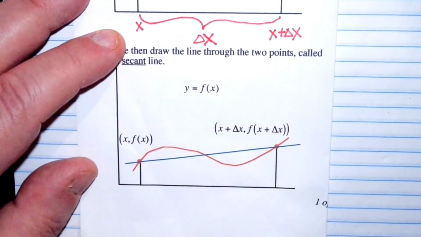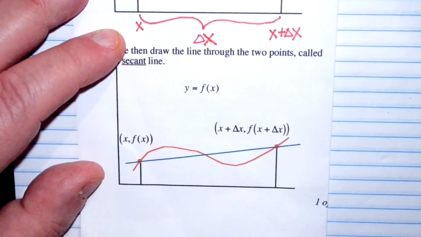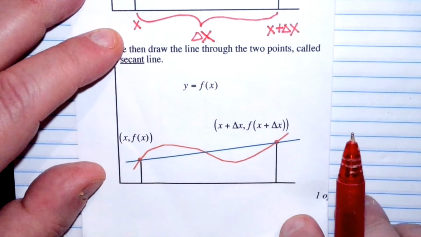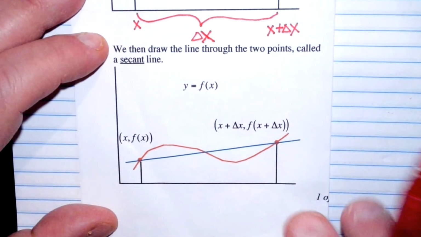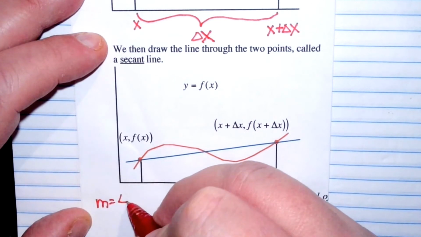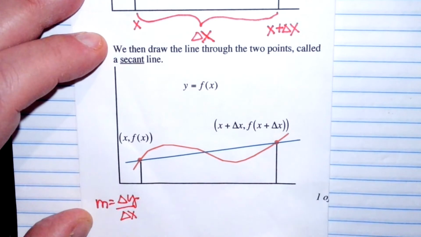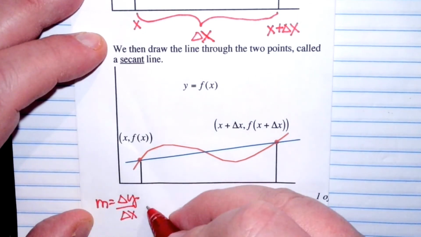Okay, so the next question we're going to ask is, what is the slope of this secant line? Well, the slope, remember, is the change in y over the change in x, or you can think of it as y1 minus y2 divided by x1 minus x2. So here's what I'm going to do.